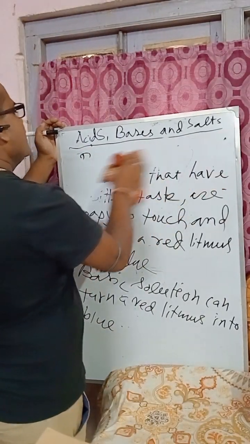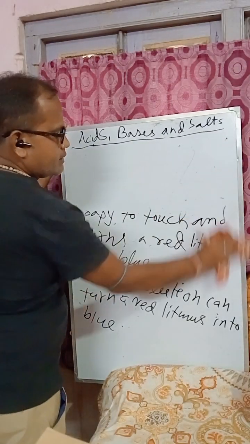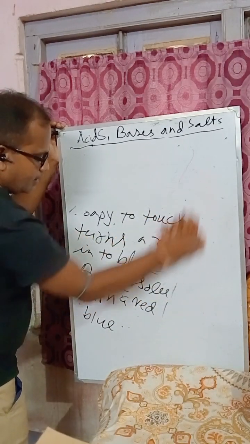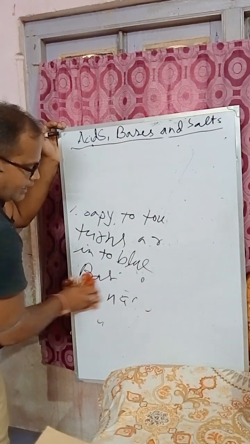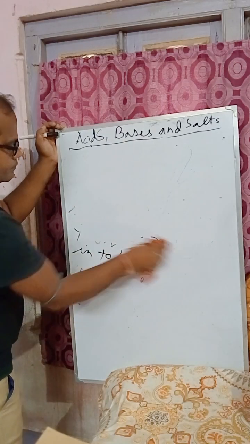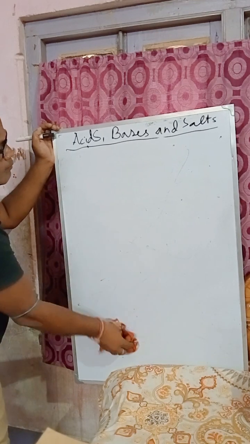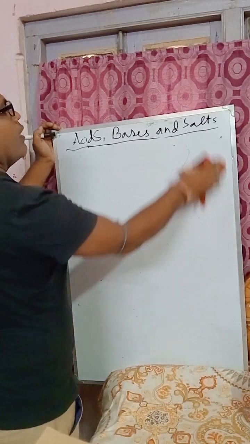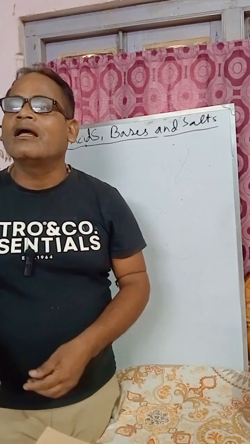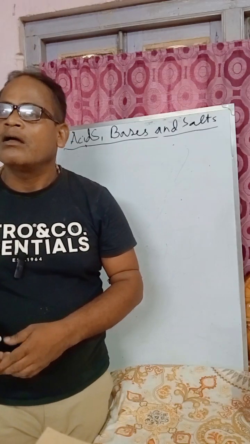Now let us understand what are alkalis. You know alkalis? What are alkalis actually? Bases that are soluble in water are called alkalis.